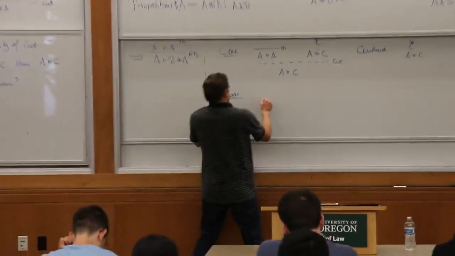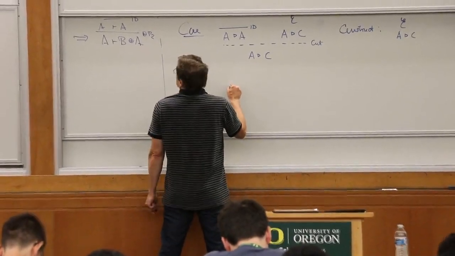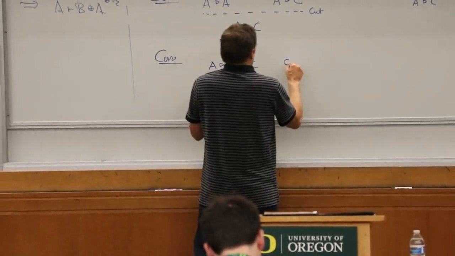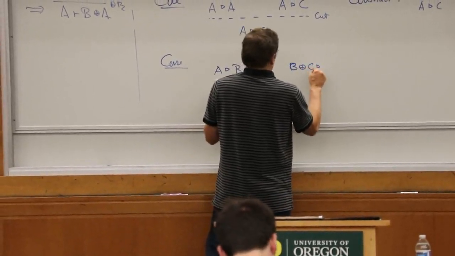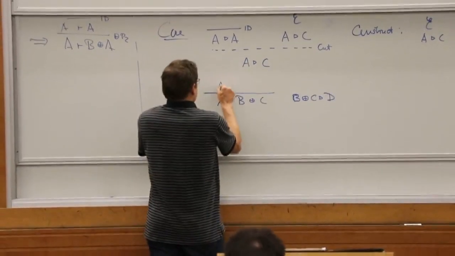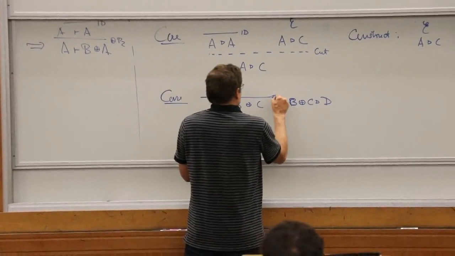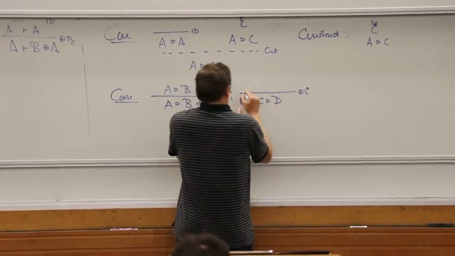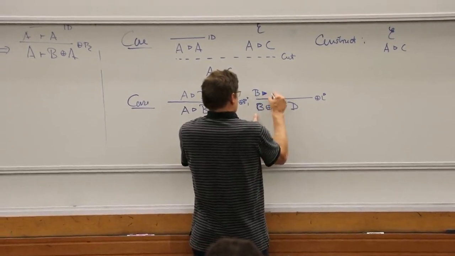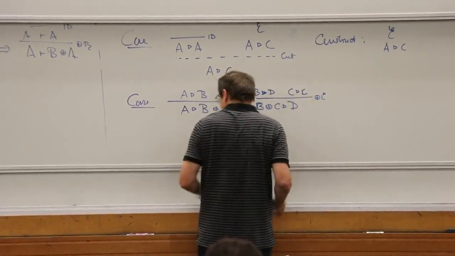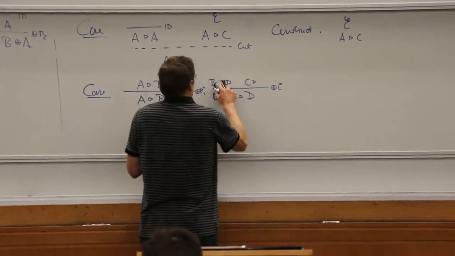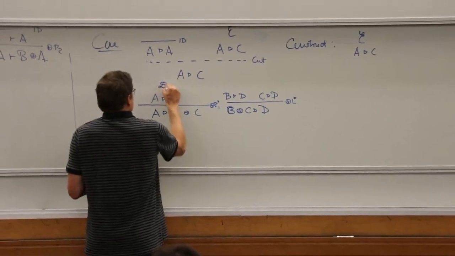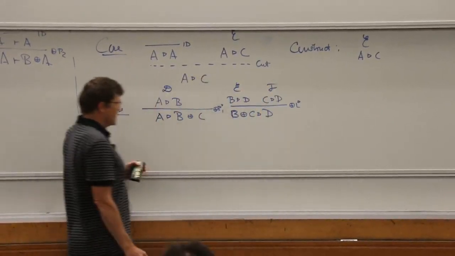The first one looks like A proves B plus C, and the second one looks like B plus C proves D. This is by the first right rule, and this one is by the plus left rule, all without cut of course, because B proves D and C proves D. Let's call this proof D, this proof E, and this F, just so we can refer to them.